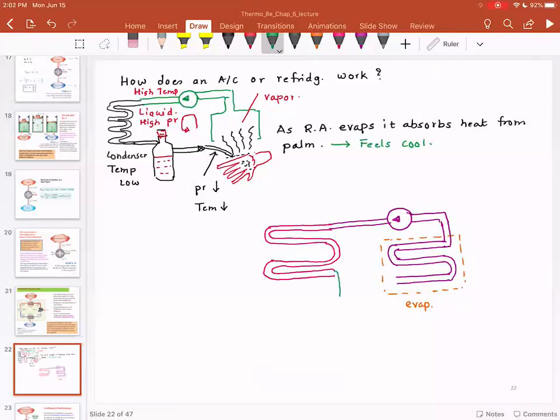And at the end of the condenser, you could have a reservoir or a strainer, and from the strainer there is something called the expansion valve or a throttling valve or a capillary tube.